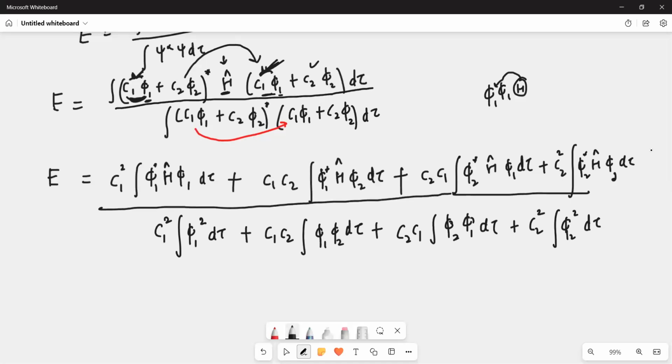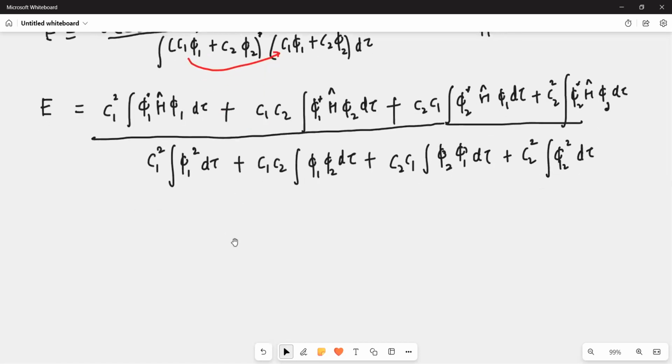Now, after solving the brackets, we will introduce a nomenclature which is given to these integrals. There are so many integrals present in this expression. Okay, so we will give the nomenclature. There is a nomenclature for these integrals. So let me write these integrals here one by one.